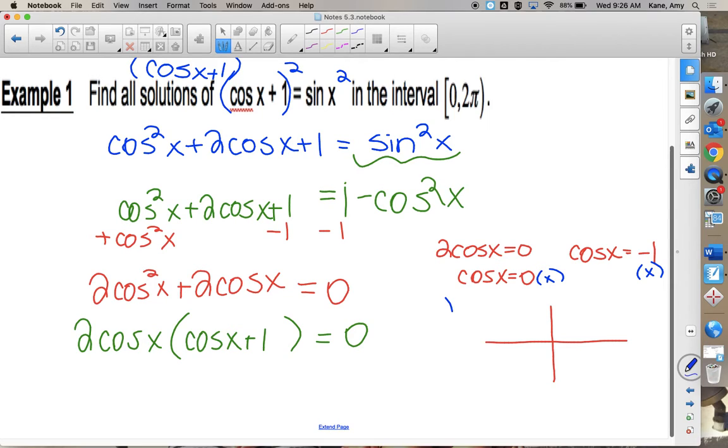Pi over 2 and then 3 pi over 2. There you go. So pi over 2 and 3 pi over 2. Carrie, when is cosine -1? Pi.